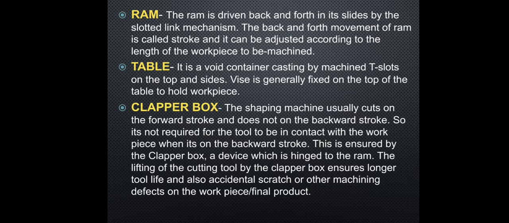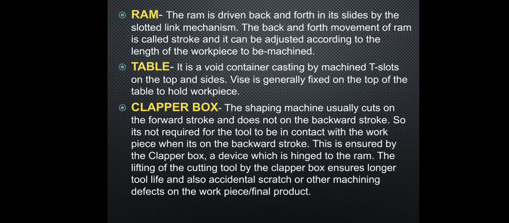The ram is driven back and forth in its slides by the slotted link mechanism. The back and forth movement of the ram is called the stroke, and it can be adjusted according to the length of the workpiece to be machined. The table is a wide container casting with machined T-slots on the top and sides, and a vise is generally fixed on top of the table to hold the workpiece.